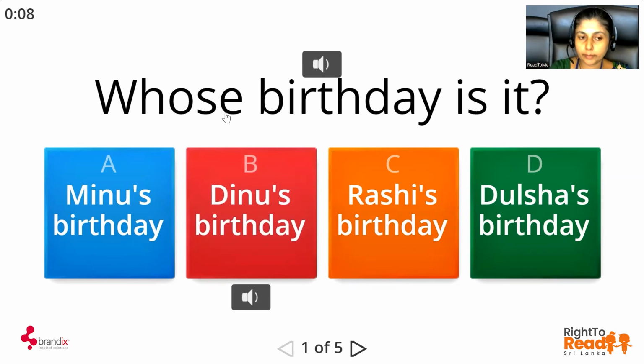If you don't remember, you can refer to the book. Whose birthday is it? Now there are 4 answers. Minu's birthday, Dinu's birthday, Rashi's birthday, Dulsha's birthday. Whose birthday is it? Yes, Dinu's birthday.